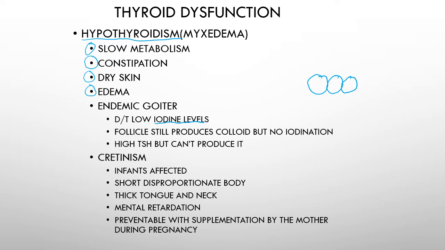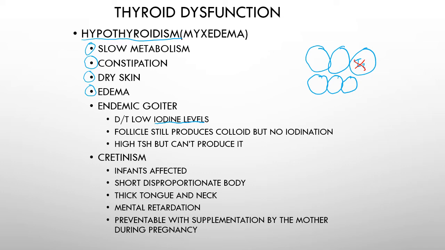Those follicles are going to start to increase in size, getting bigger and bigger, because essentially there's no iodine inside there. Since we don't have any iodine but we do have thyroglobulin, the buildup causes those follicles to increase, and we can't get rid of what's inside there.